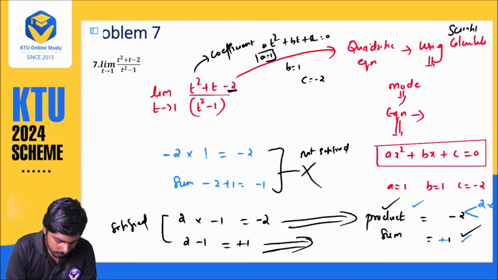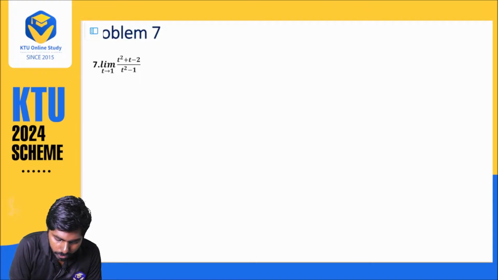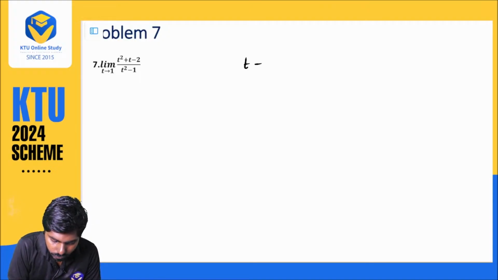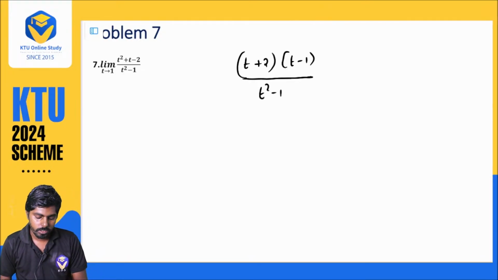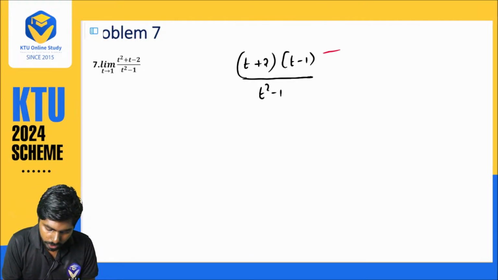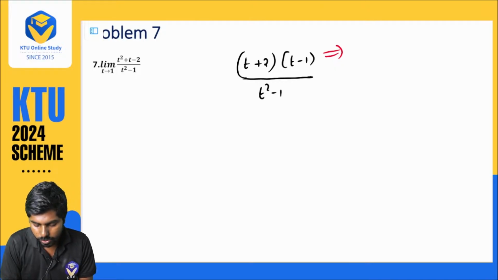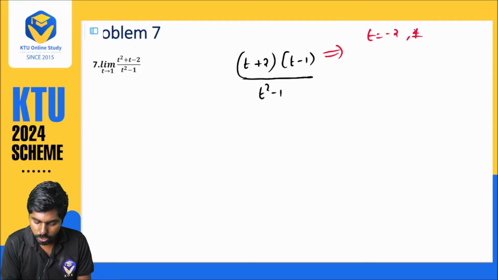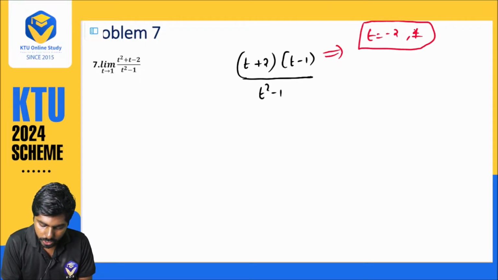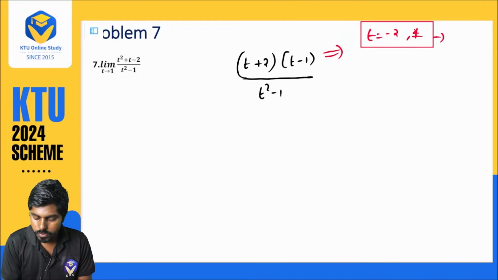So I can say the numerator is (t plus 2)(t minus 1) divided by t square minus 1. You can also get this in the calculator: t will be minus 2 comma 1. So using the calculator also you can identify the values: t plus 2 and t minus 1.